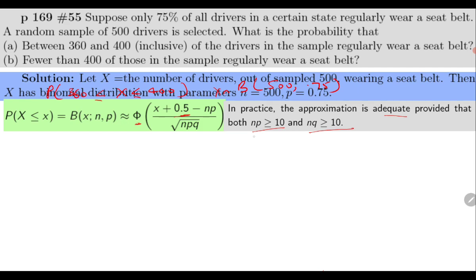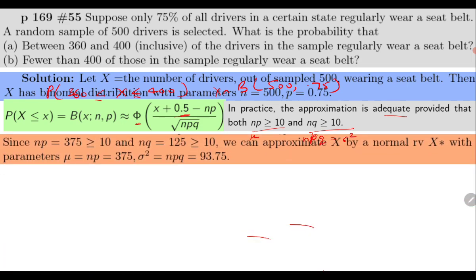If you recall, np is actually mu for binomial distribution, and npq is sigma square. So if you verify it, you will see that np is 375, nq is 125.